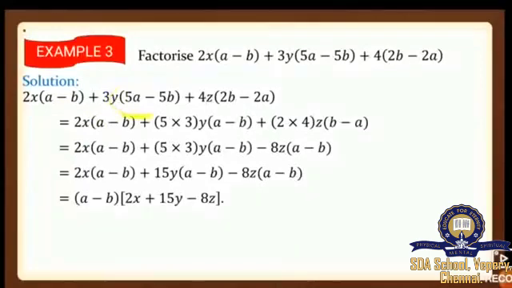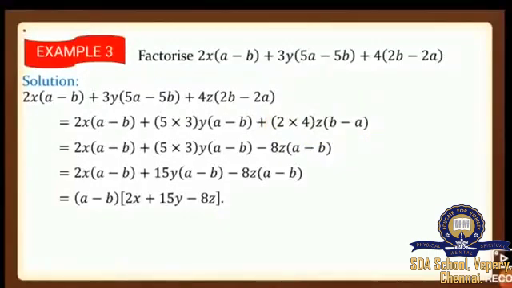In the second term we can take 5 commonly outside since you have 5 in both the terms. So if I take 5 commonly outside, we will get 5 into 3y and a minus b. In the third term we can take 2 commonly outside. So if we take 2 commonly outside, we will get 2 into 4z into b minus a.